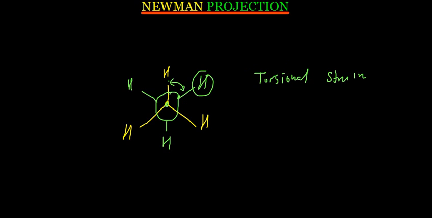Now this torsional energy is going to be increasing as the angle gets reduced. The energy is going to be reducing and reducing as the angle gets increased. That's why you saw that the eclipse has got much higher energy in comparison to the staggered configuration.